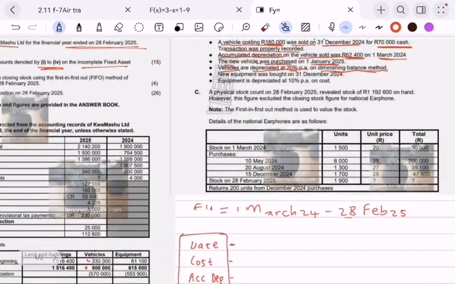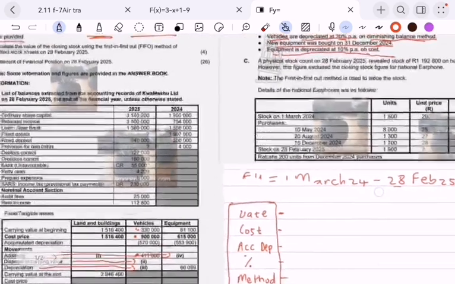So when we read from up there, what are they saying to us? They told us new equipment was bought on the 31st December 2024. And equipment is depreciated at 10% per annum on what? On cost. Simple and easy, just like that. So by the look of things, they never really told us the cost.